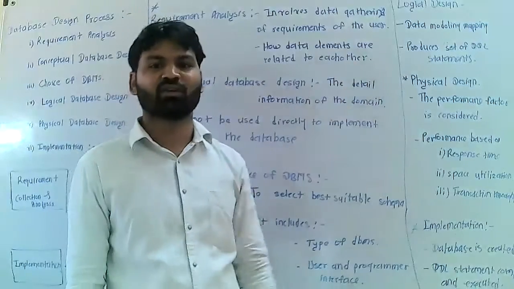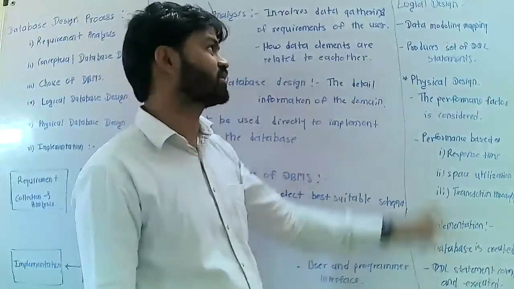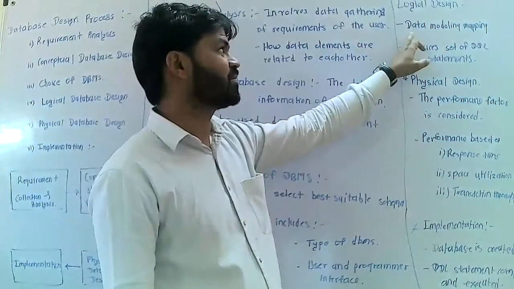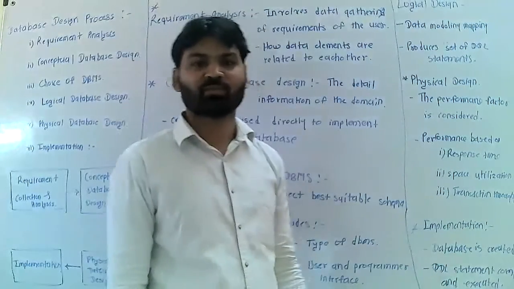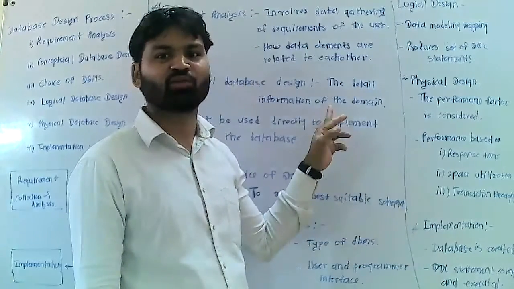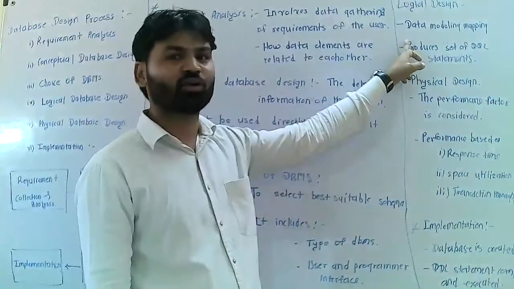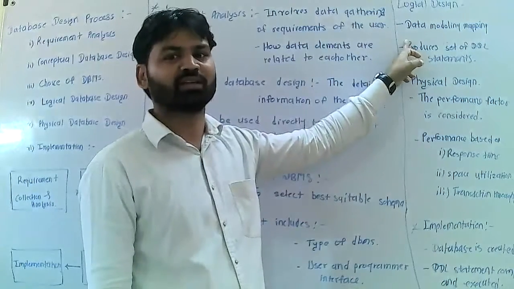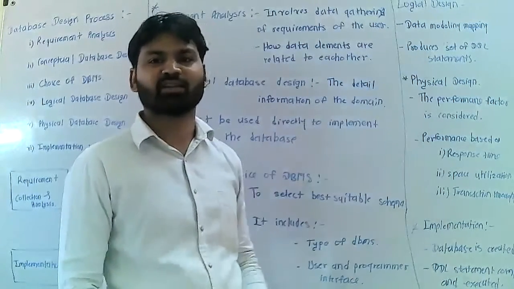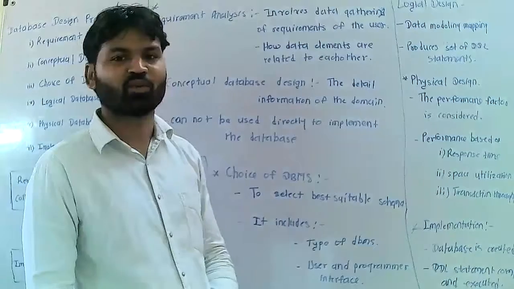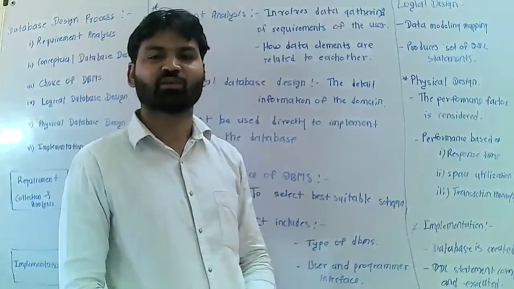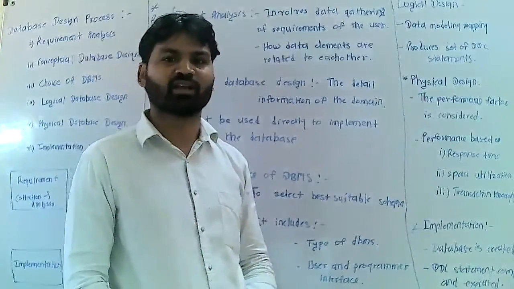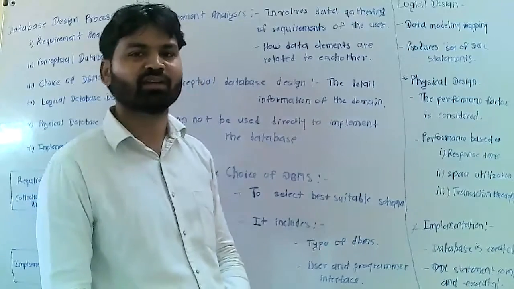Then next one is your logical database design process. In this, first is data modeling mapping. What does it mean? You have to design the data model. We have studied different types of data models: the relational model, the ER model, the network based model, the hierarchical model, and the physical model.